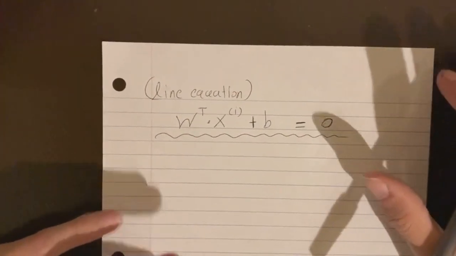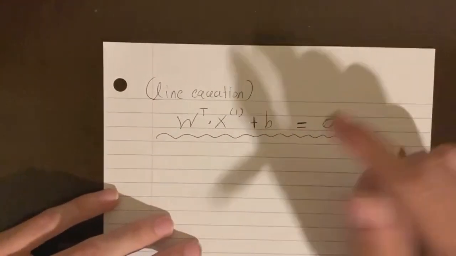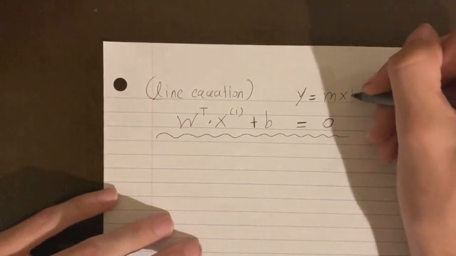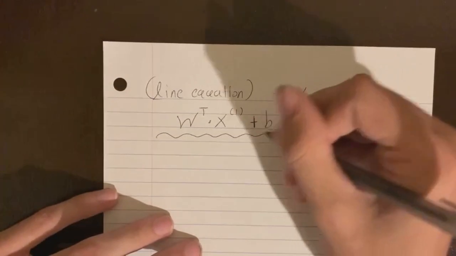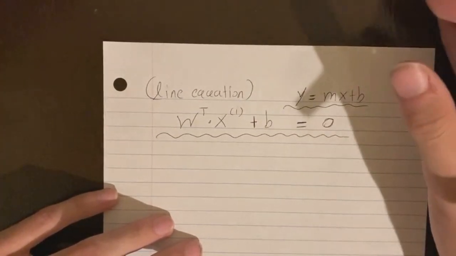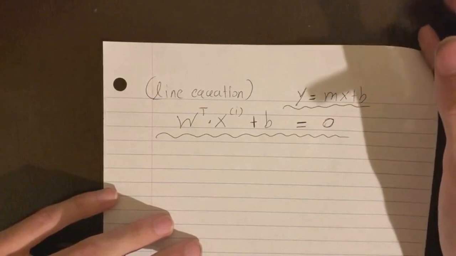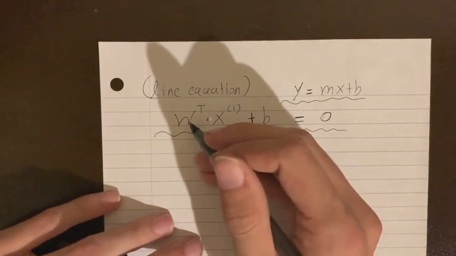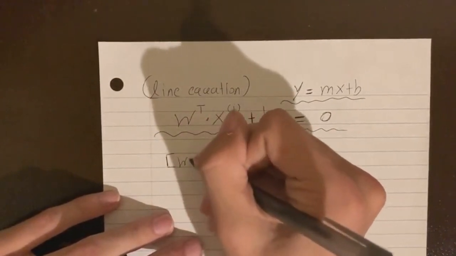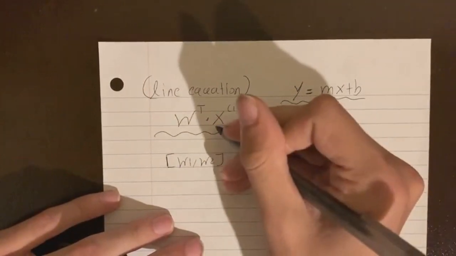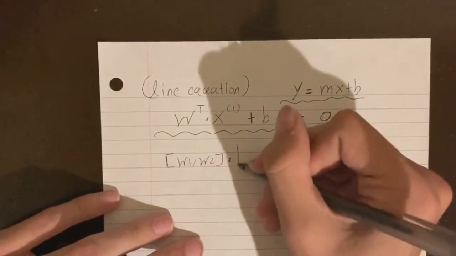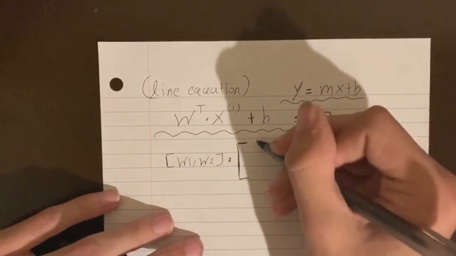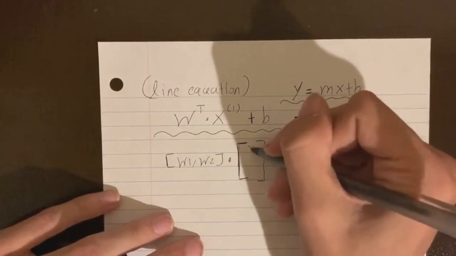It's worth spending more time on this line equation because you might not have seen this before. Most likely you've seen y equals mx plus b describe a line, but this might be a little foreign to you if you've never taken a linear algebra or vector calculus class. Effectively, W transpose is a row vector, W1, W2, and X of i is a column vector.